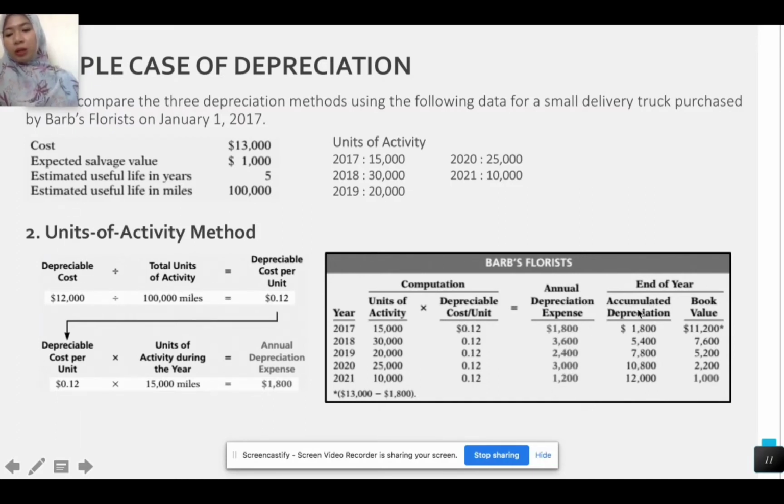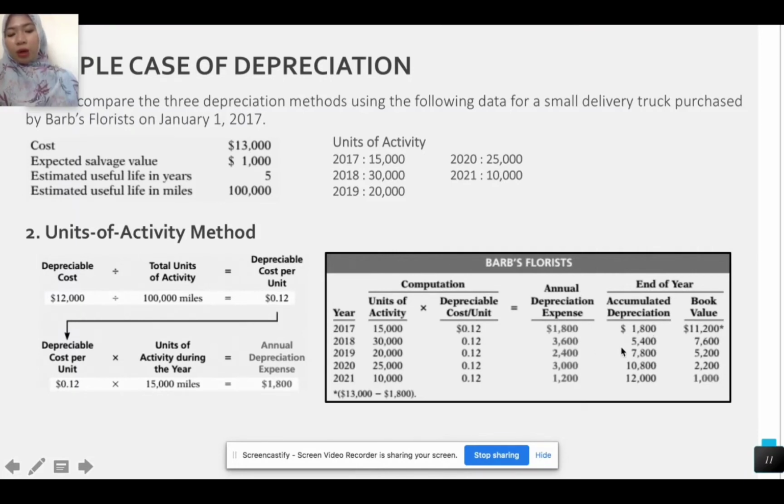See the accumulated depreciation. Accumulated depreciation for the first year is the same as annual depreciation expense. That is $1,800.